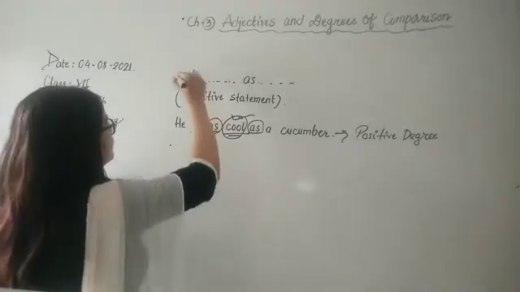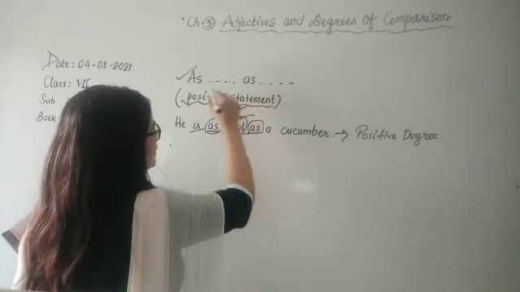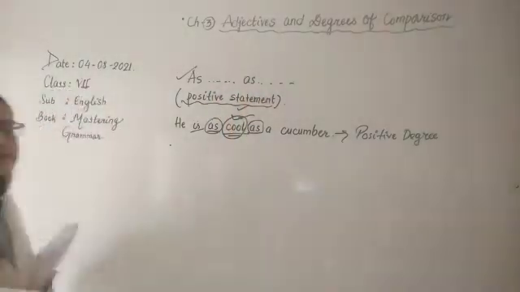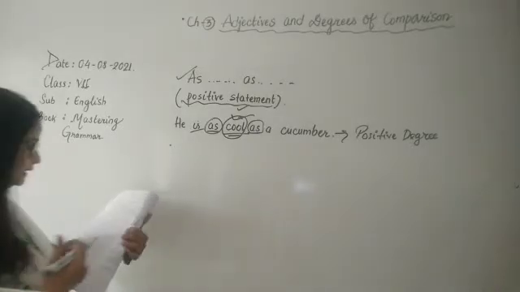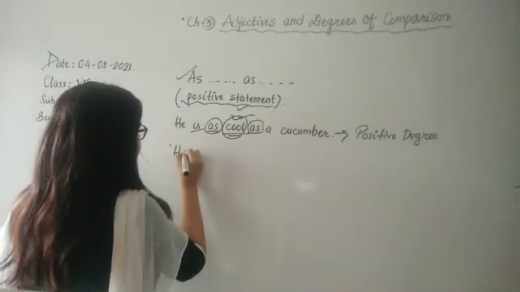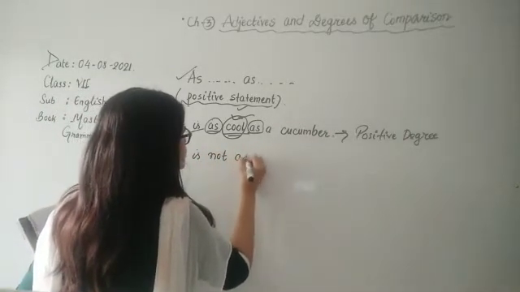Now see, when I said that positive statements will take as, it doesn't mean that as cannot be used with negative. It can also be used with negative. He is not as responsible as you think.